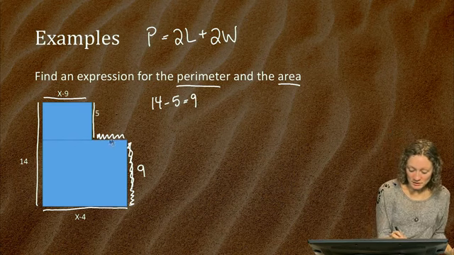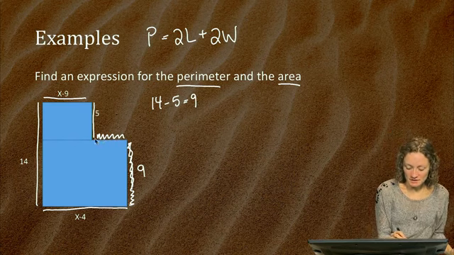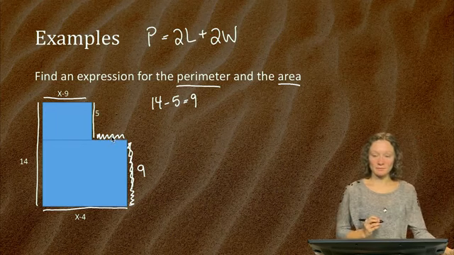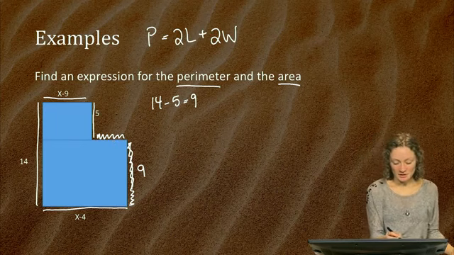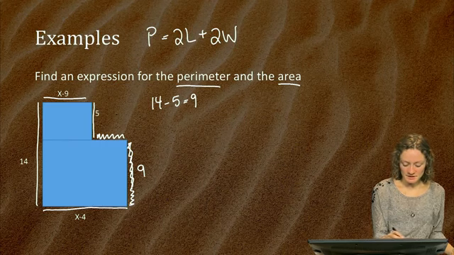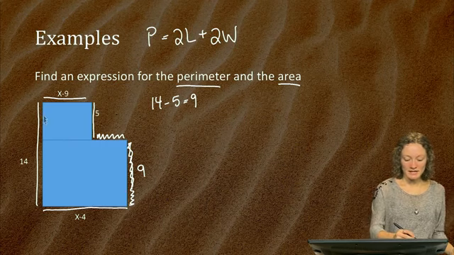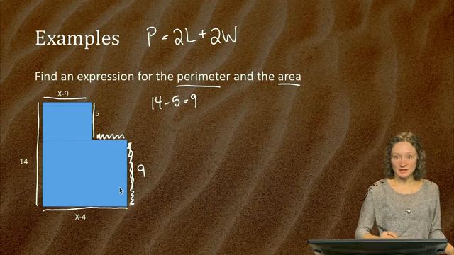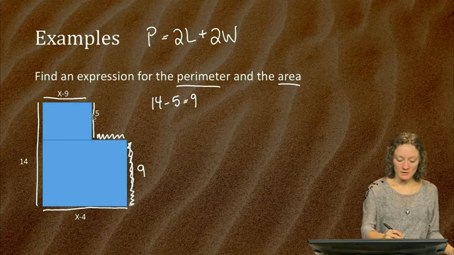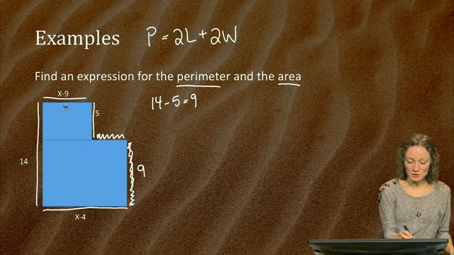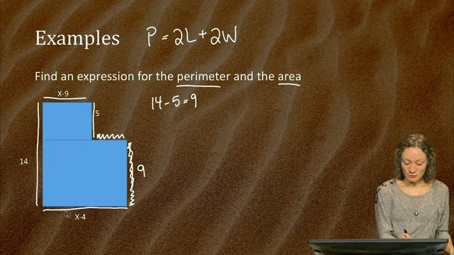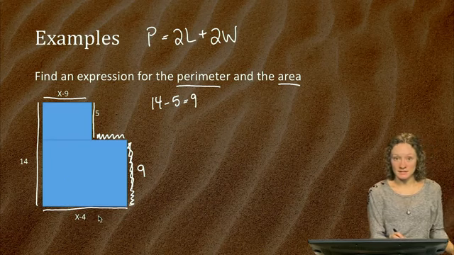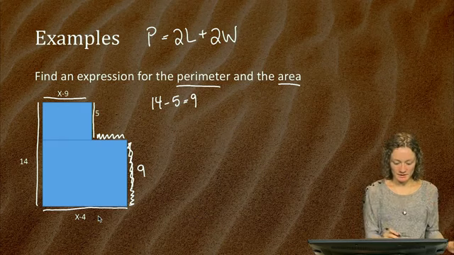Okay, we also need the length of this little top piece, kind of the shelf piece, and we can use the same logic to find this distance. So just as we looked at this left side as a whole piece and subtracted out the 5, which was a portion of that piece, we can do the same thing with the two expressions. X minus 4 represents the length on the entire bottom.